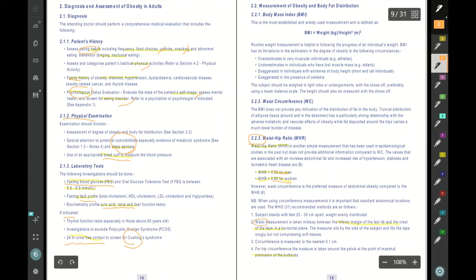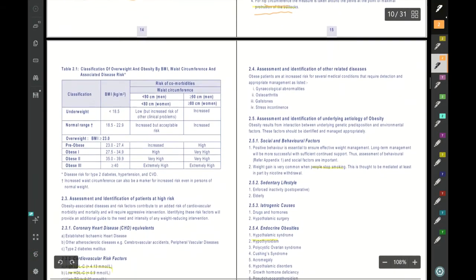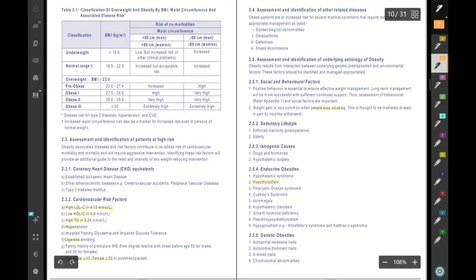Which part of the body do we put the measuring tape? We put it at the inferior margin of the last rib and the crest of the ilium in the horizontal plane. And for the hip circumference, we put it at the protrusion of the buttocks. I think you all can imagine that.